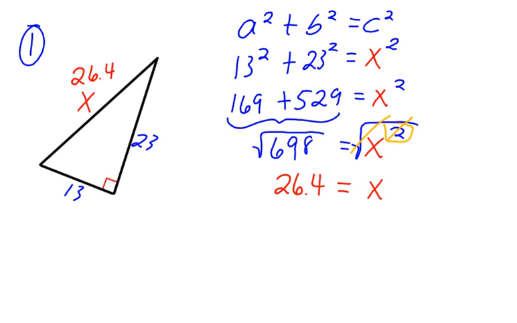Now, as a quick check, what I want to do is look at your 3 sides, and you should, at this point, know or remember that the longest side always has to be the hypotenuse of the right triangle.